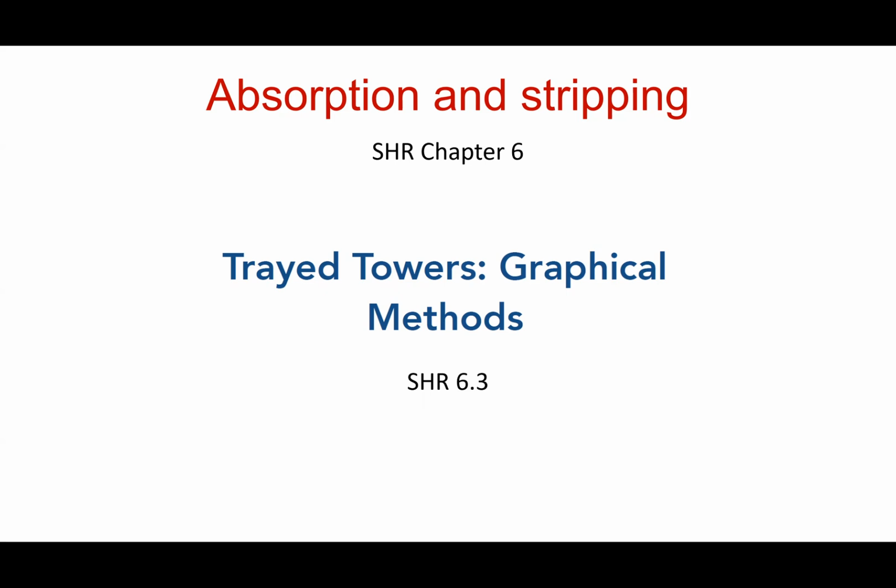For tray towers, we talked about the different types of trays and the different types of flow regimes that will affect the performance of a tray tower. We also talked about packed towers, two types: the unstructured packed tower and the structured packed tower. And we briefly discussed their relative advantages and disadvantages.